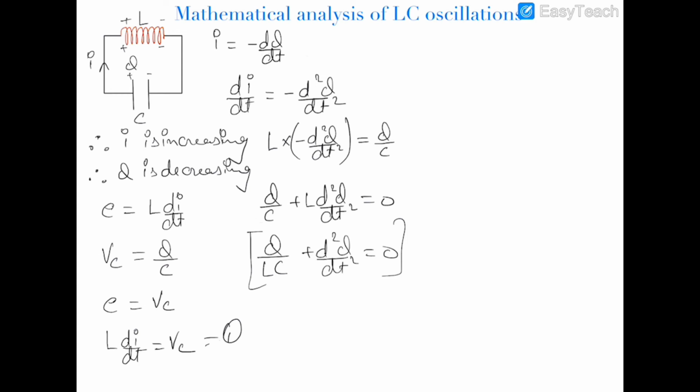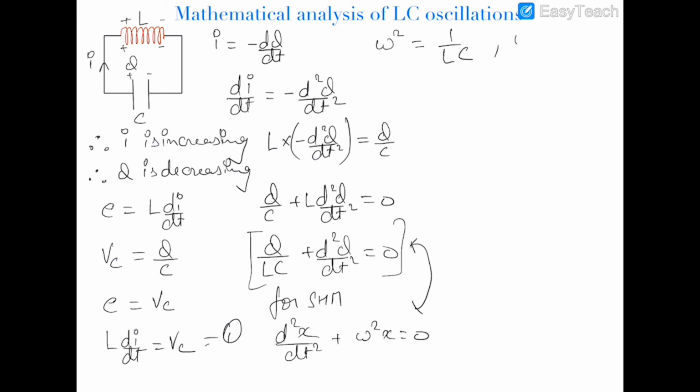By comparing it with the equation for SHM, simple harmonic motion, d square x by dt square plus omega square x is equal to 0, and comparing x with q, omega square will be equal to 1 upon LC, and omega will be equal to 1 upon root LC.